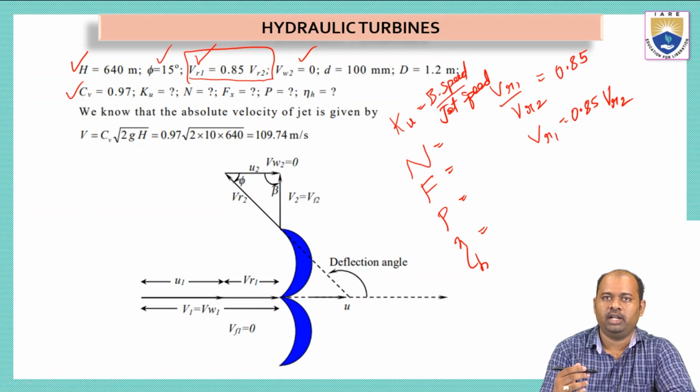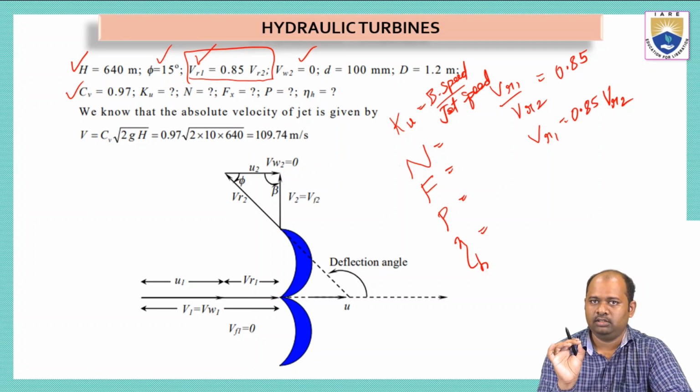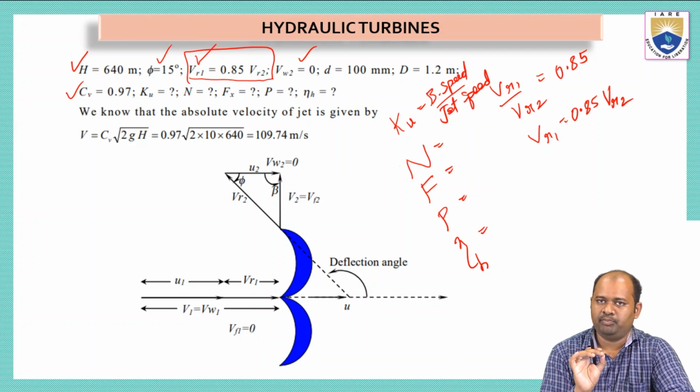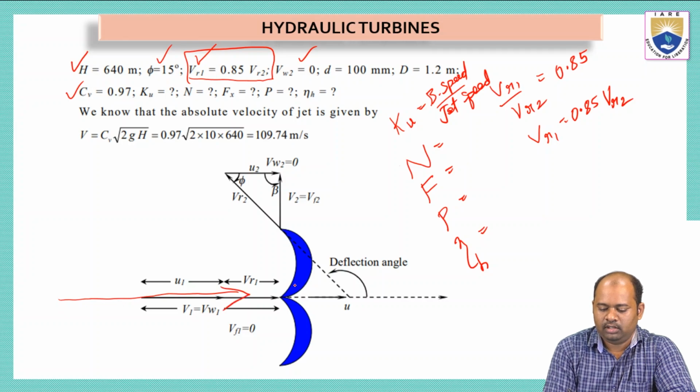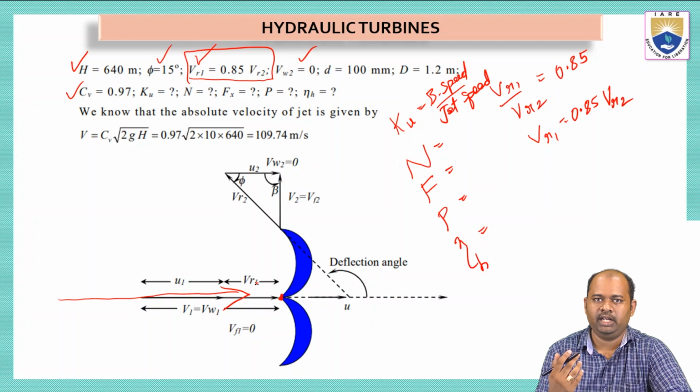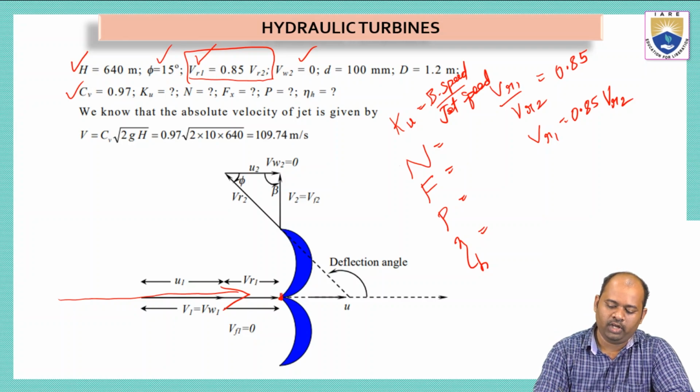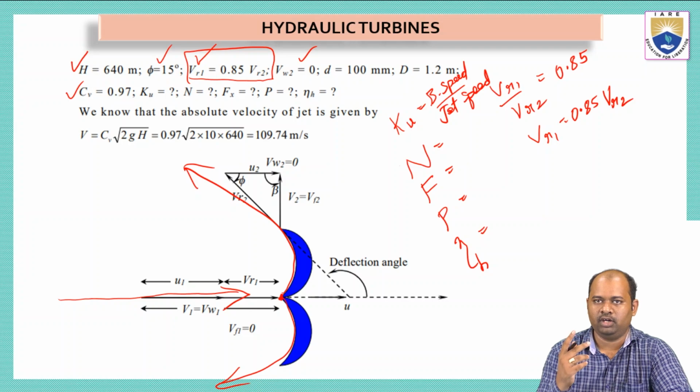This is also called the velocity triangle because each component of this triangle represents a particular velocity. Initially the water will come in this direction and touch this point. After touching this point, it will be divided into two parts. One part will flow in this direction and the second part will flow in the bottom direction. Now there are two directions for the flow of water.